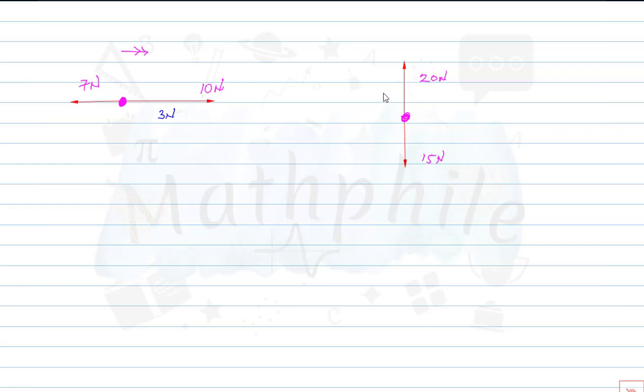Now, because the top force is greater than the downward force, we expect the particle to move upwards. In this case, we can say that the resultant is in the upward direction. The resultant is basically the difference between these two, so 20 minus 15, which means the leftover force is equal to 5 newtons.